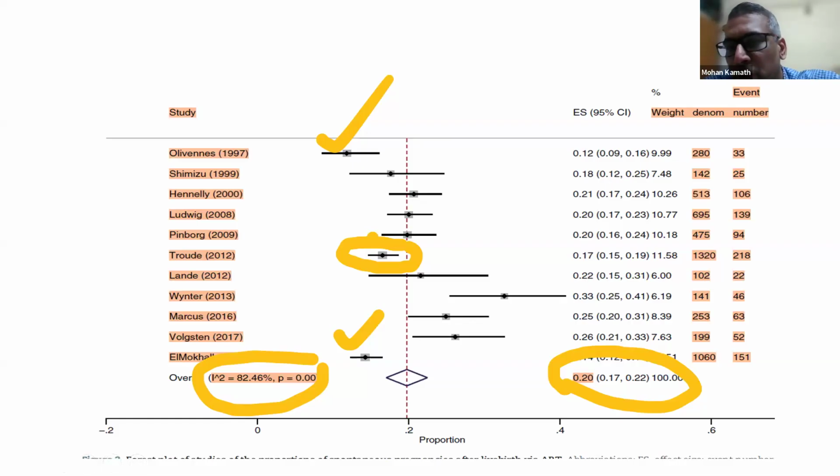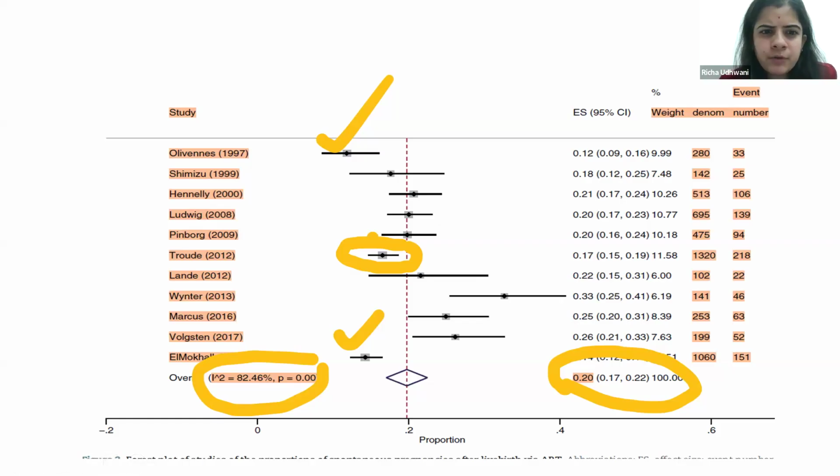So you don't even need to read the I square down below. If you see this one, can you see the first one? And can you see this one? Yes, sir. One is going this way, the other one is going that way. That means there is a lot of heterogeneity. Okay. And finally, can you spot the study which is the largest study?